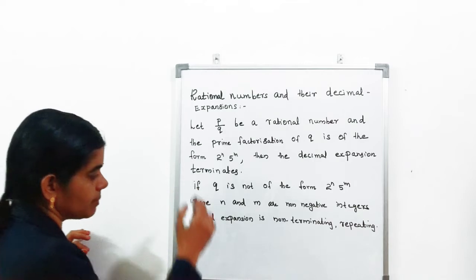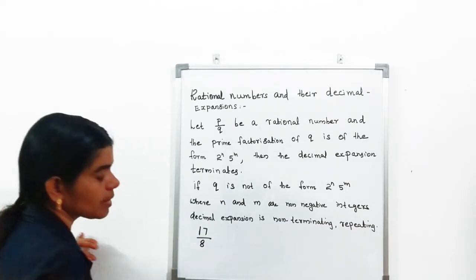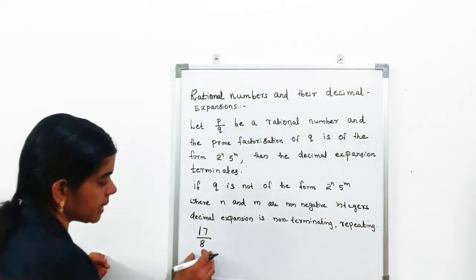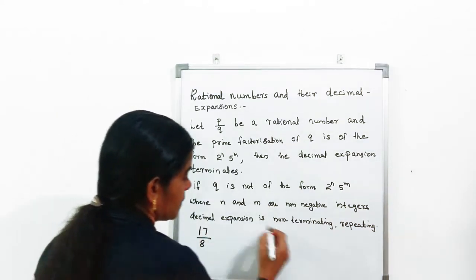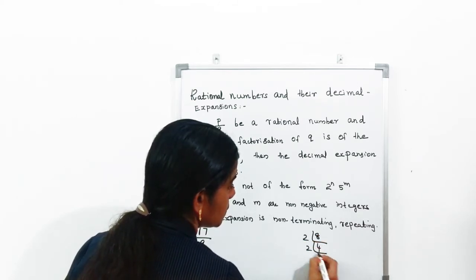For one example, I am writing 17 by 8. You want to find out whether this decimal expansion is terminating or non-terminating repeating. Look at the factors of 8: 2, 4, 2, 2.